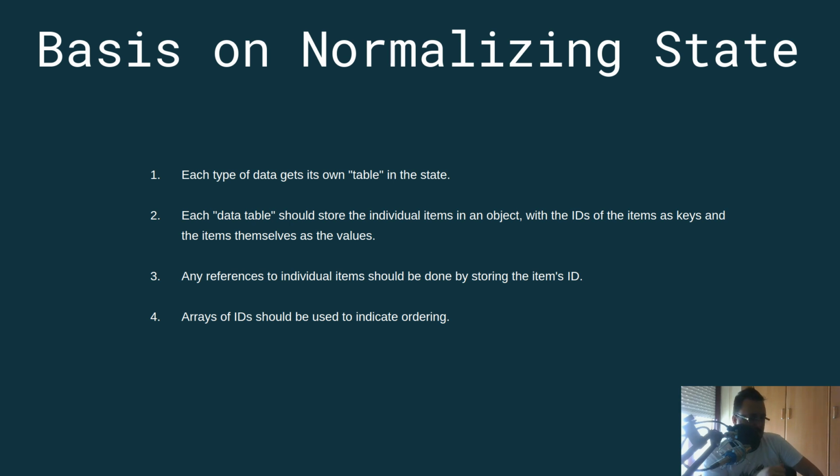Something that some people don't know, even advanced users of JavaScript, and this is why React and Redux and these kinds of things make you better at learning JavaScript, is that when you store objects with key values and the keys are IDs, for example, they don't preserve the order.